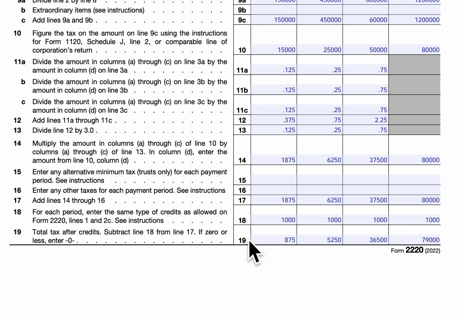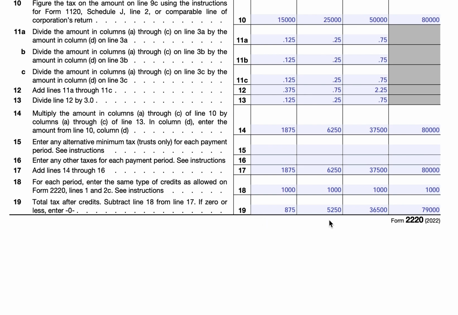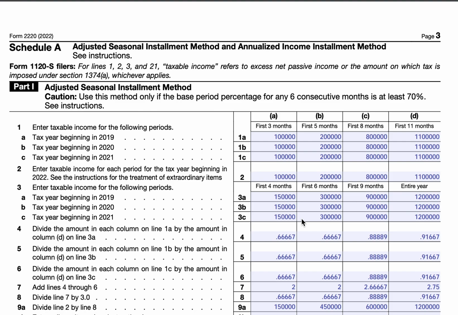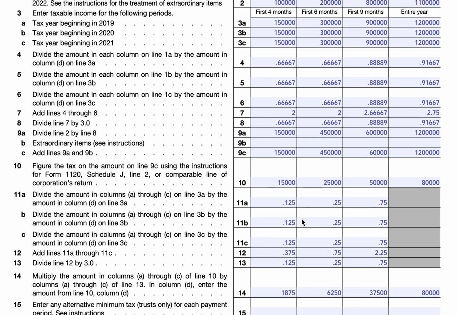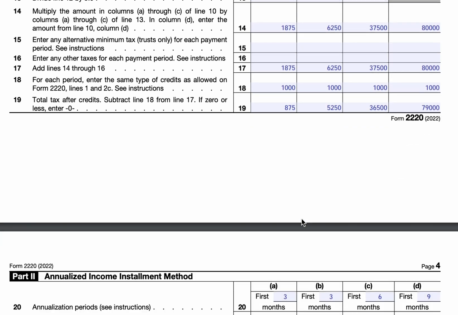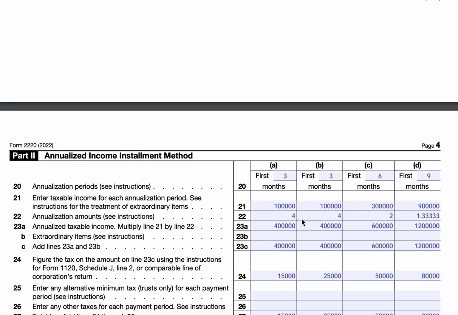Total tax after credits is when we subtract line 18 from line 17. So that is calculating the quarterly tax requirement under the adjusted seasonal installment method.